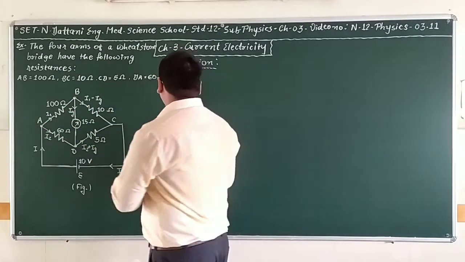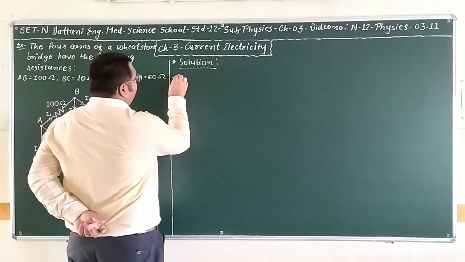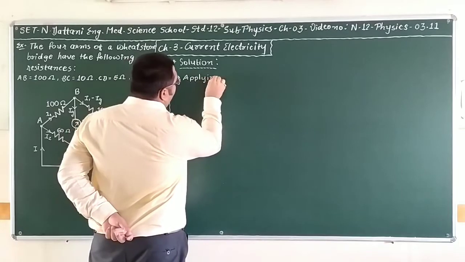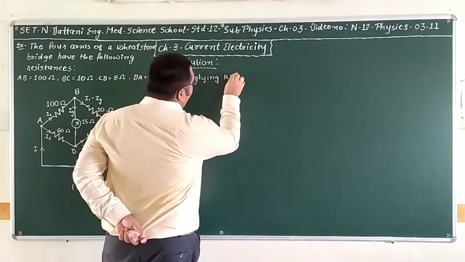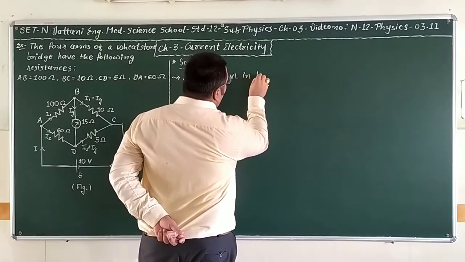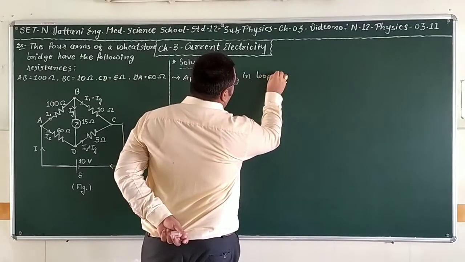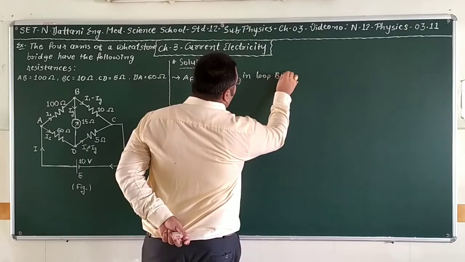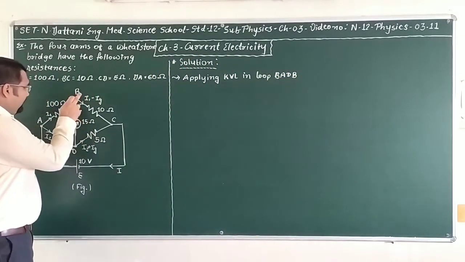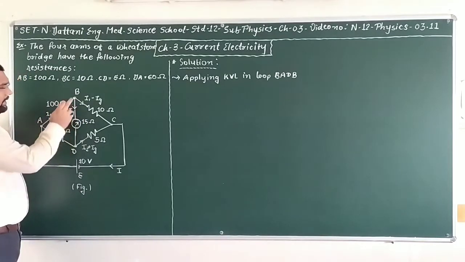Applying KVL in loop BADB. This is the loop BADB.